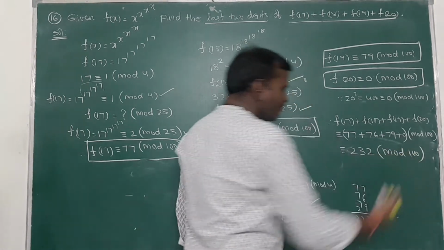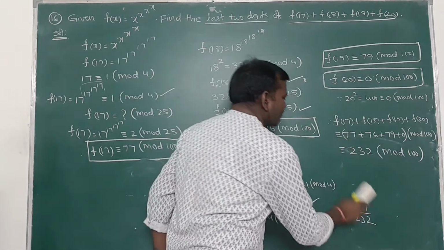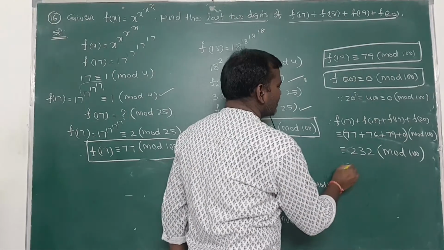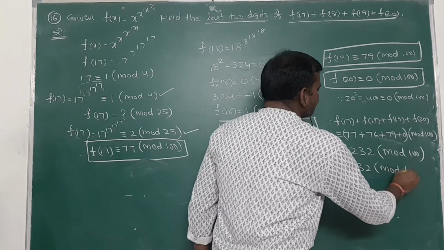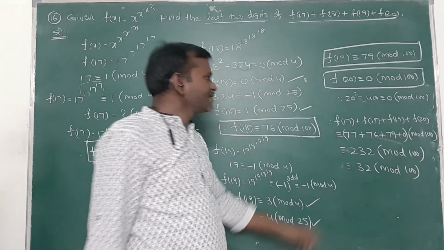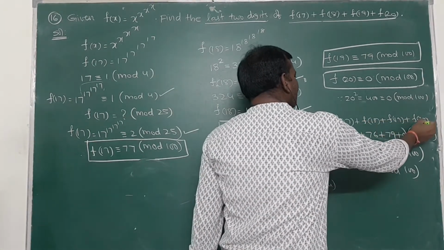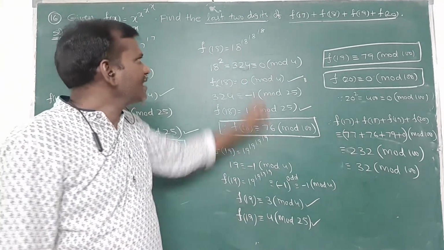So 232 when divided by 100, remainder is how much? 32 is the remainder. Why? Because 232 minus 200 is 32. So the remainder is 32 here. That means the sum of f of 17, f of 18, f of 19, f of 20 when divided by 100 leaves remainder 32.